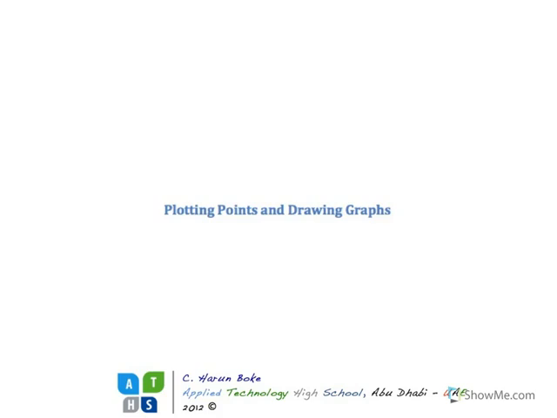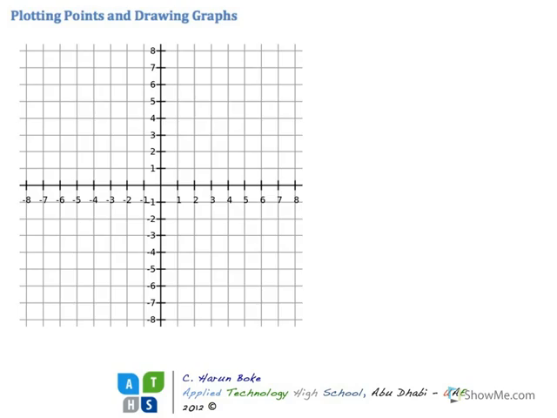Okay, in this video we are going to recall how to plot points and draw graphs. In the coordinate plane, points can be located or plotted according to their coordinates, like (2, 3), or say (-4, 1).